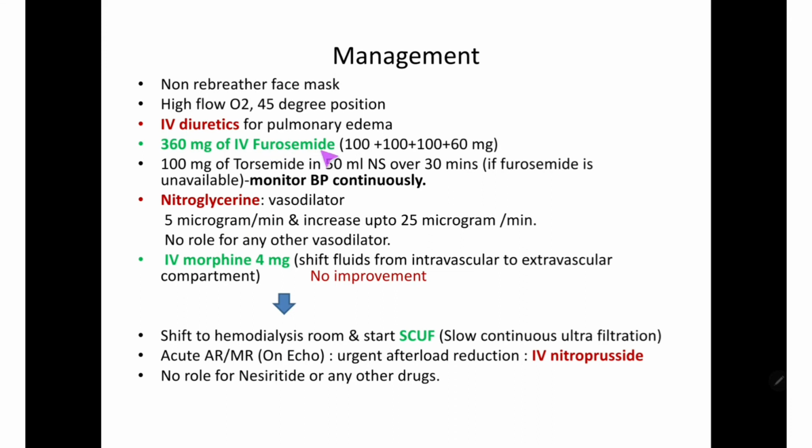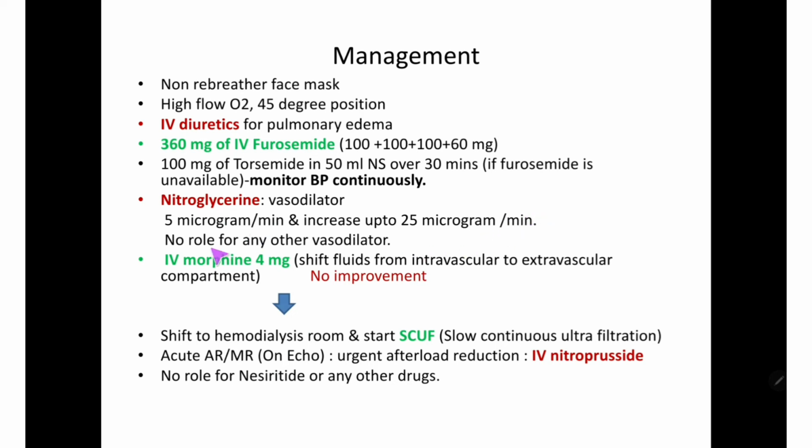After giving the IV diuretics, we have to monitor the BP continuously: give one bolus, measure the BP, keep the monitor beside the patient so that the BP doesn't fall too much. Also nitroglycerin is used as a vasodilator, 5 micrograms per minute, and we increase the dose up to 25 micrograms per minute.